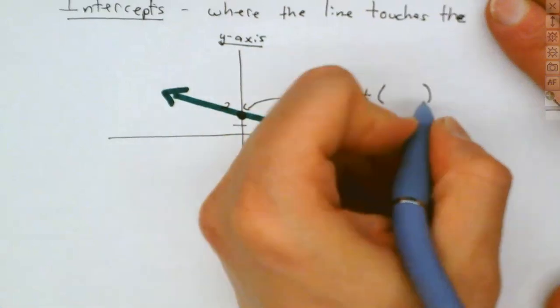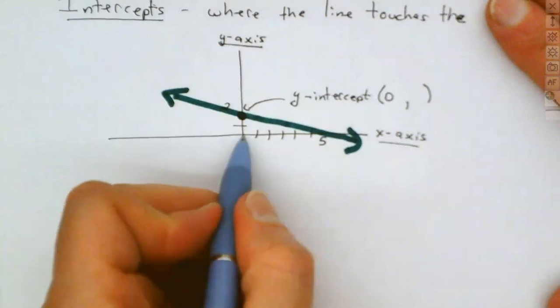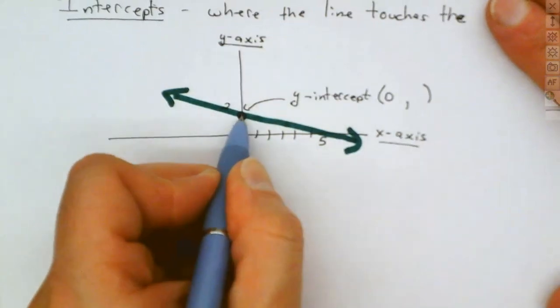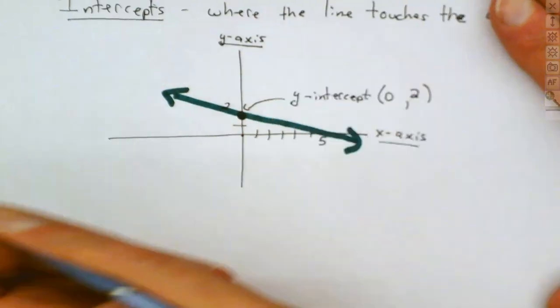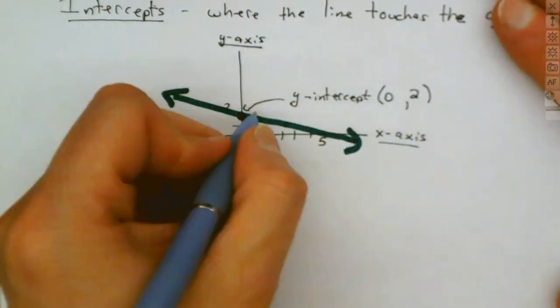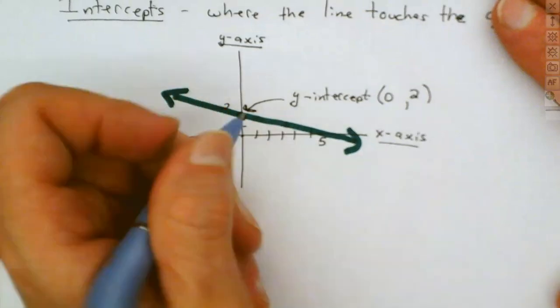And the y-intercept is an ordered pair. The x part is at 0, because here's your x-axis, it's at 0. And how many units did I go up? 2. So my y-intercept from that picture is the point 0, 2. Now, what about this one here?